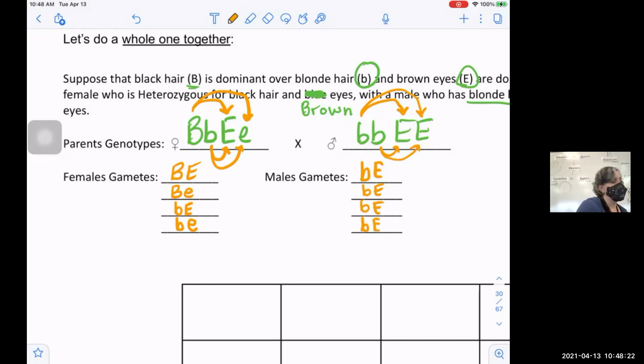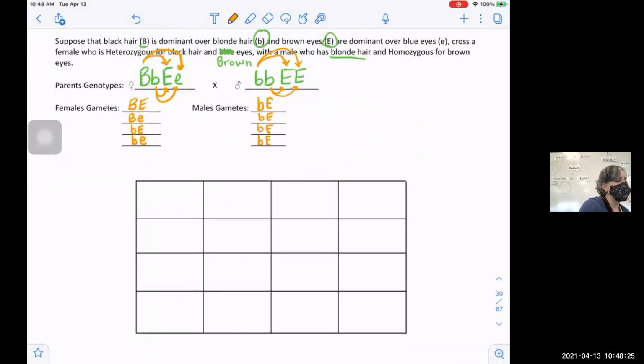All right, so let's put our parents on this Punnett square. I'm going to put dad on the side here. So I'm going to put my dad's sperm on the side. And then I'm going to put mom's gametes on the top.